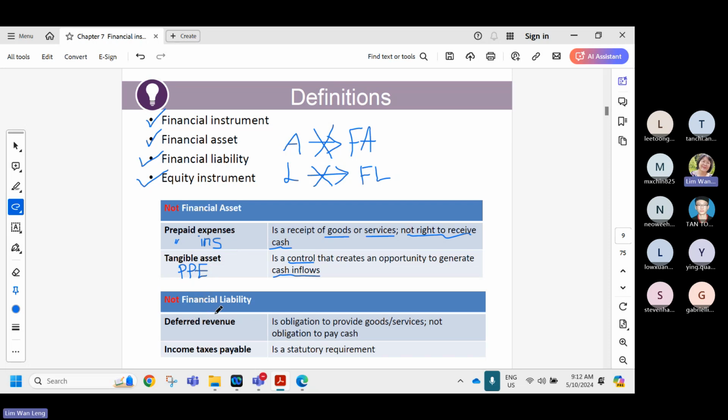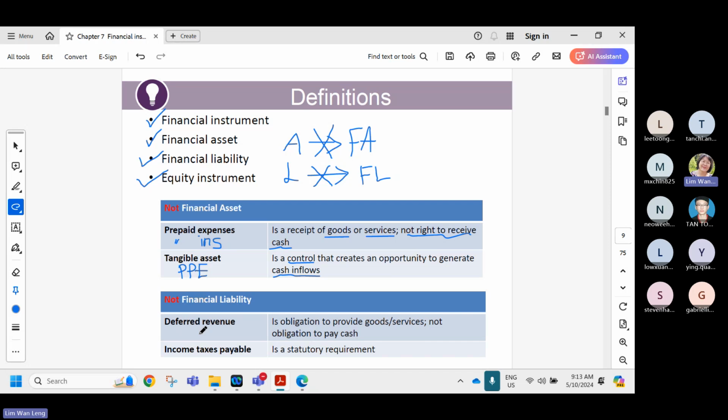Then we look at financial liabilities. Deferred revenue. Deferred revenue means some revenue that you have not provided the services for.